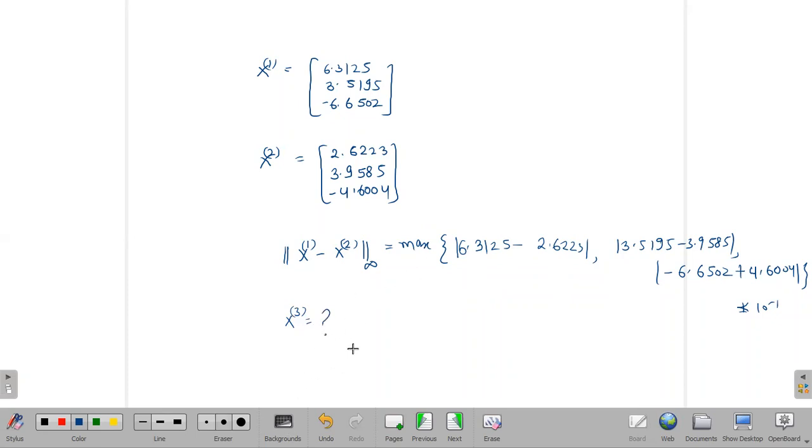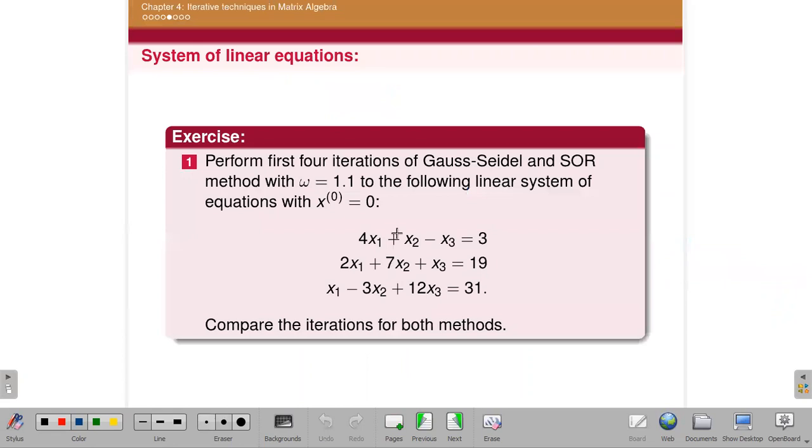Can you complete this question yourself? Yes. So actually you have to use the formula only. Once you know the formula, you can proceed it yourself also. So it needs practice actually. So then you perform first 4 iterations of Gauss Seidel and SOR.